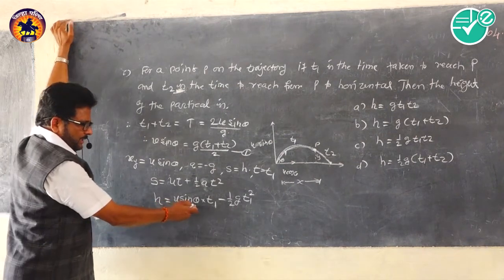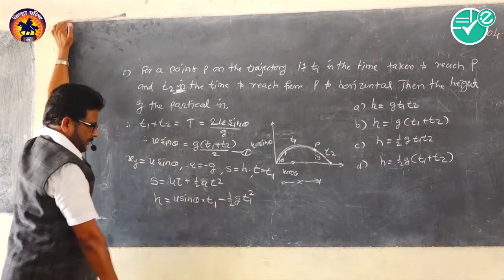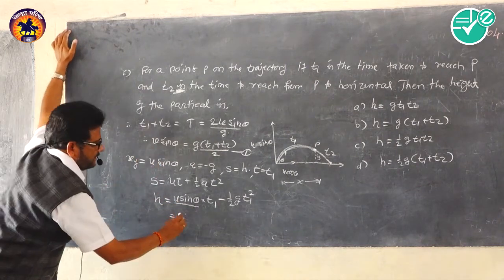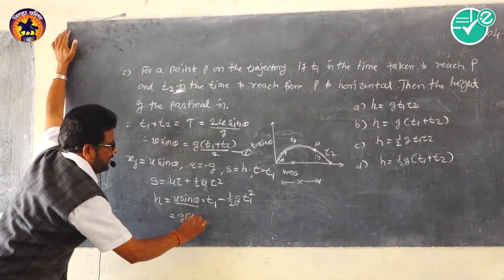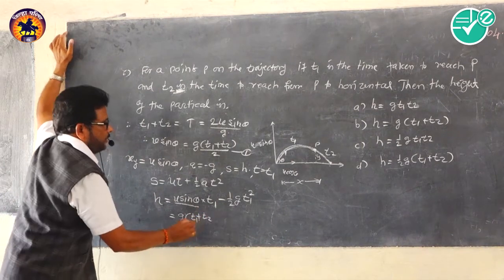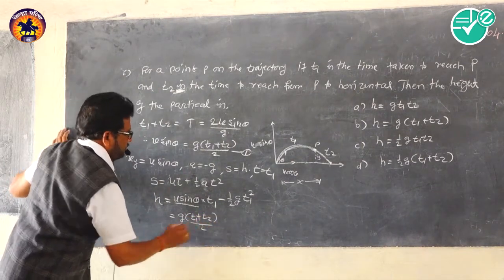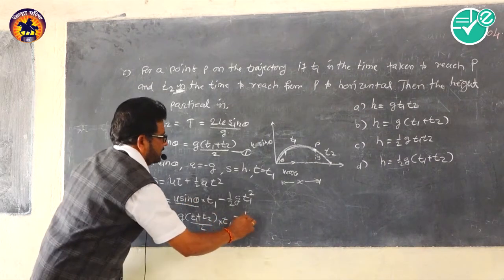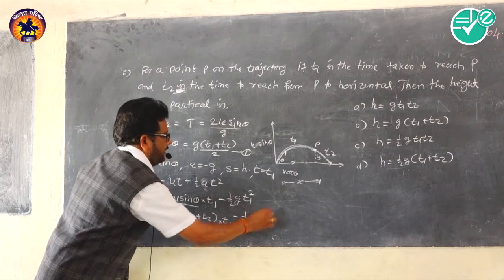H is equal to u sin theta T1 minus half g T1 square, but u sin theta from this equation is g (T1 plus T2) upon 2, into T1, minus half g T1 square.